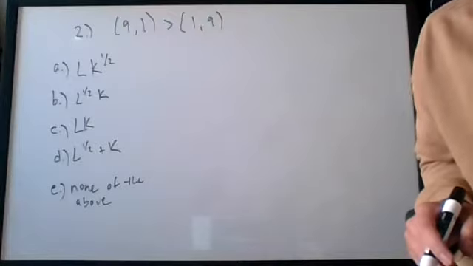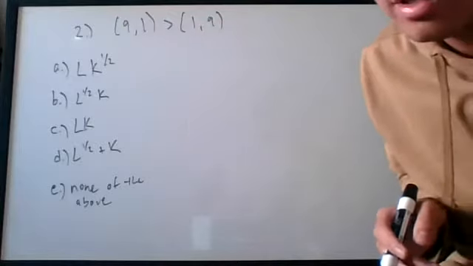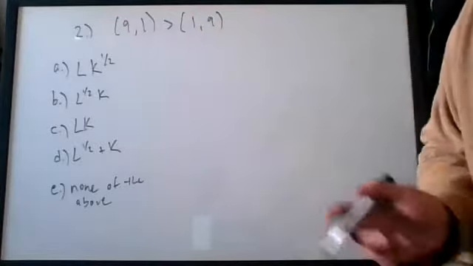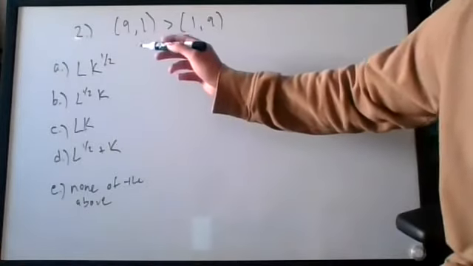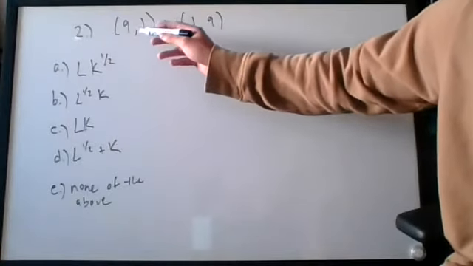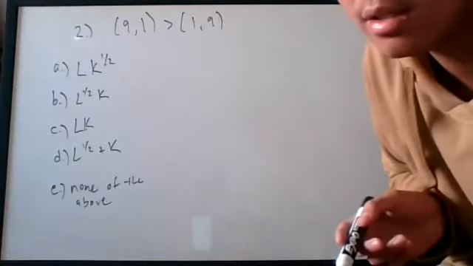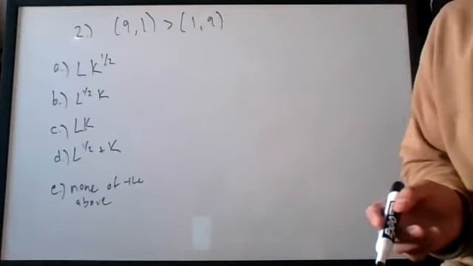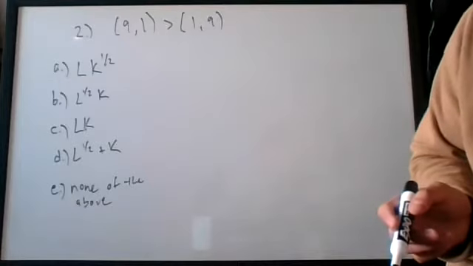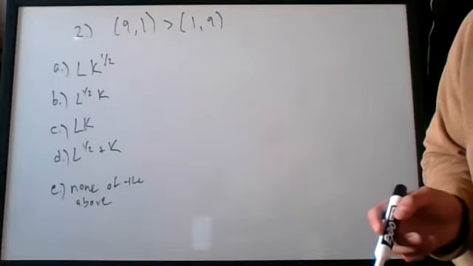But yeah. This question is basically asking which production function makes it so that the input bundle 9,1 produces more than the input bundle 1,9. I'm seeing some answer choice A's. Let's talk about that.